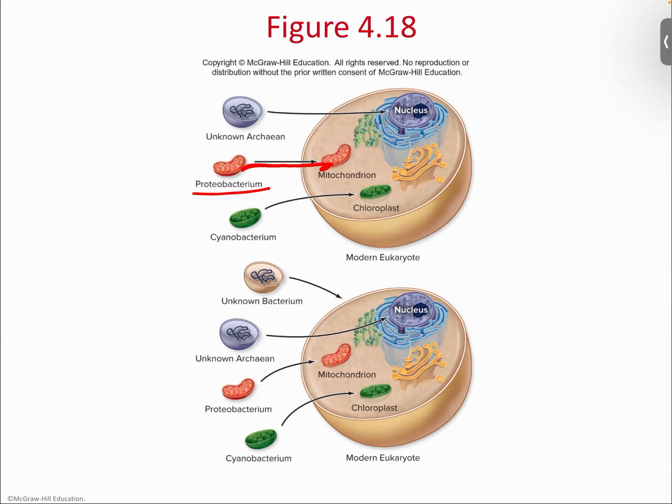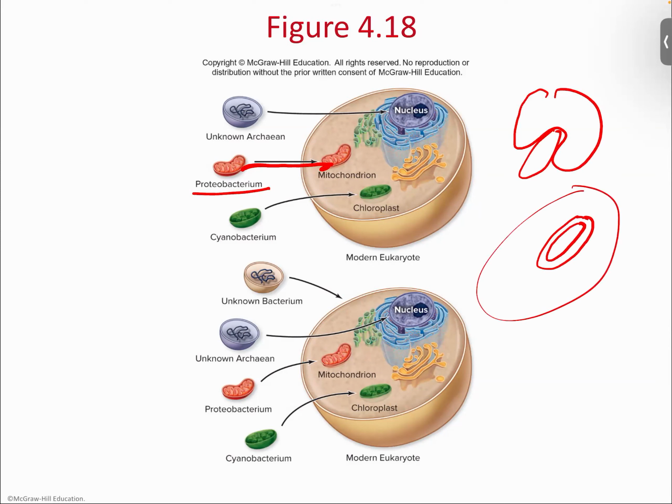And then when it gobbled it up, because if you recall, one of the things that happens when you engulf something, we saw this, right, is you surround it, right? And then when you internalize it, it has now two membranes, right? It's got its own membrane and the membrane that you just wrapped around it when you engulfed it. So when you're looking at an engulfing theory, it seems to be consistent with the double membrane organelles that we see in the cell. So the question is, where does the double membrane come from?